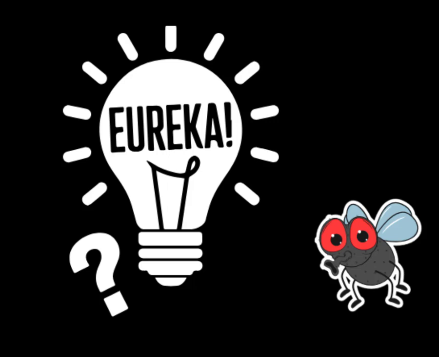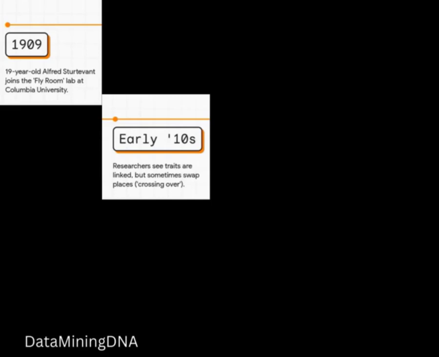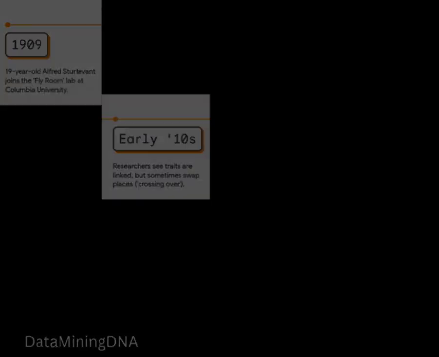Alfred has an aha moment when he asks himself, what if how often the traits swap places tells you how far apart they are on the chromosome? Genes that are far apart have a lot of space between them to get swapped during that recombination shuffle, but genes that are close together tend to stick together.